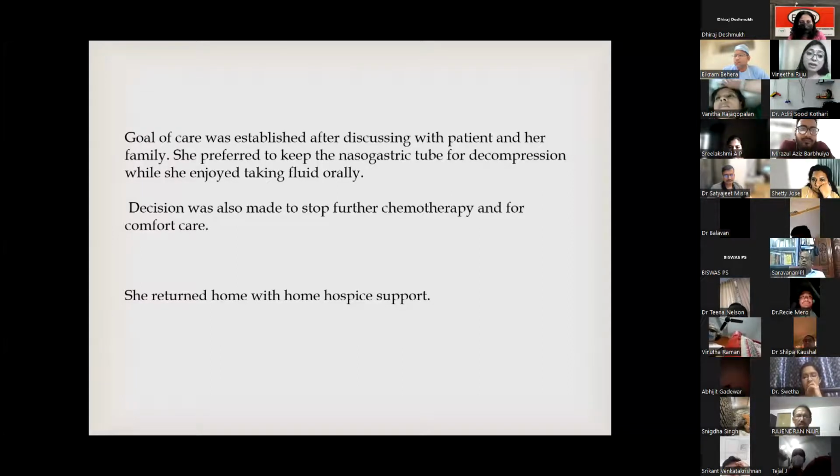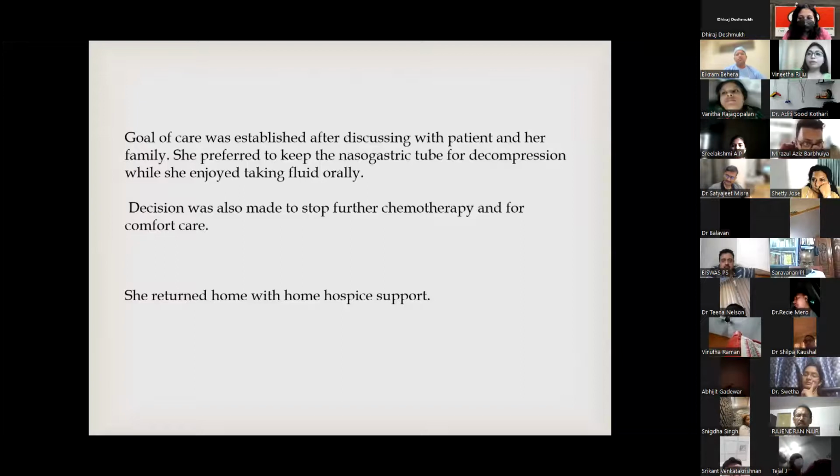And Dr. Airaba Zahur says that before the symptoms got worse, and maybe even when she was diagnosed with stage 4 cancer, that is when they should have called for a family conference and discussed the possible prognosis of this patient, what issues we would be anticipating, and how we will be managing at that point of time.